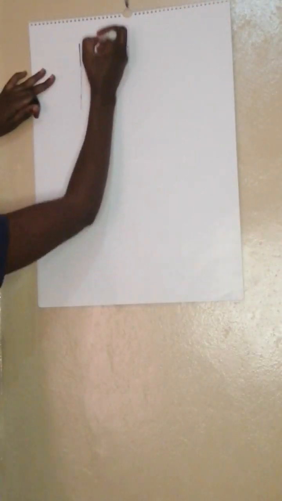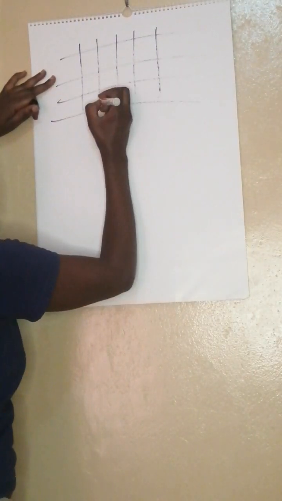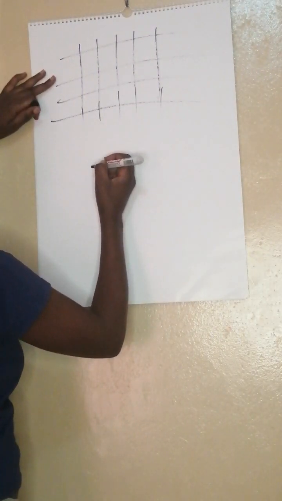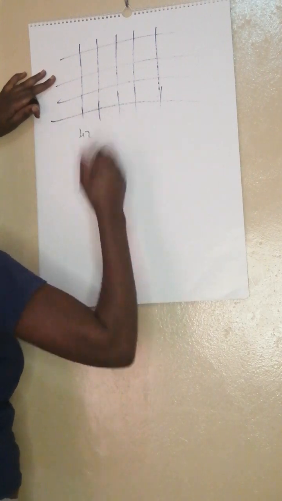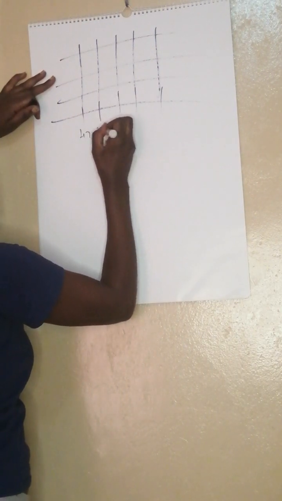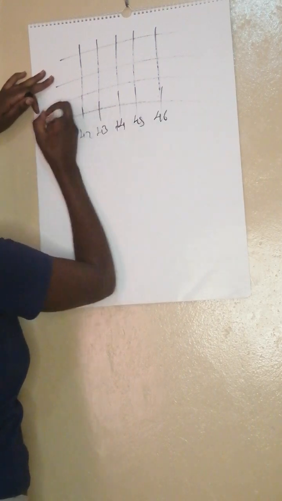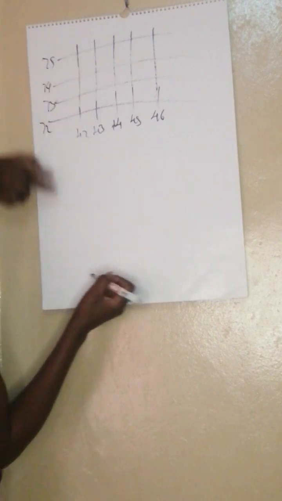Okay, so we have this map, and we have our point B. This is 42, 43, 44, 45, 46, and 72, 73, 74, 75.